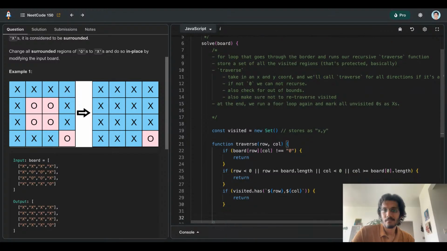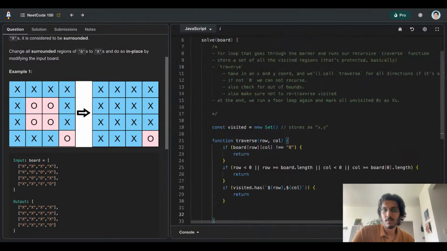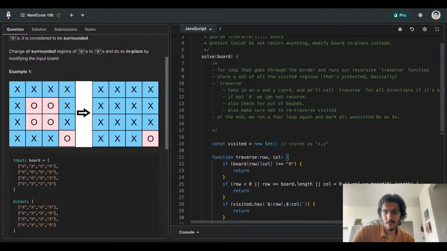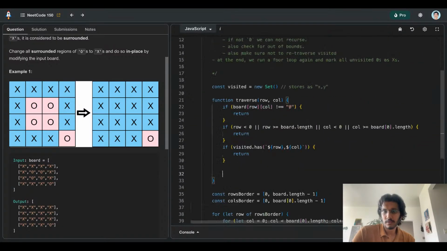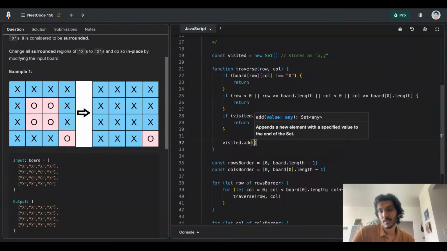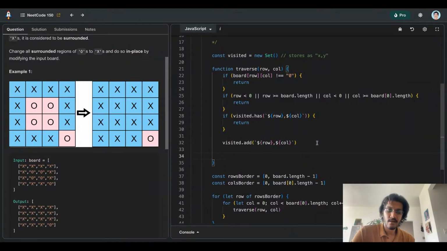And then in the middle, we would actually call it for all directions now. So it's a 0, and so we want to add this to the visited.